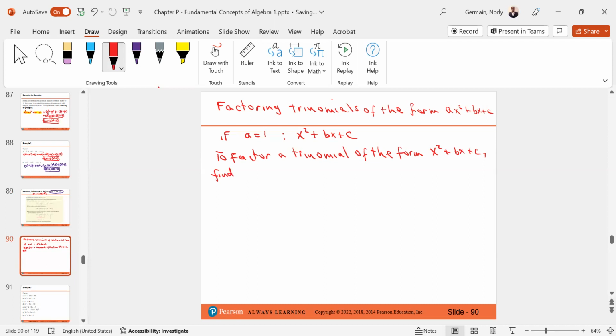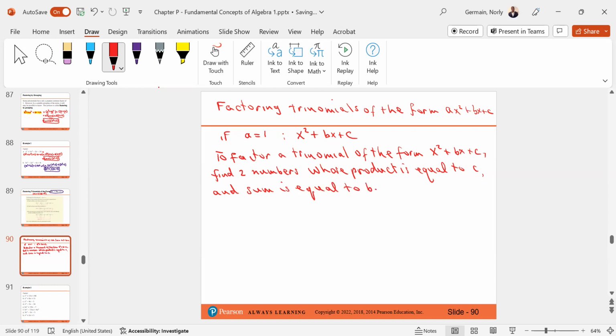Find two numbers whose product is equal to c and whose sum is equal to b.